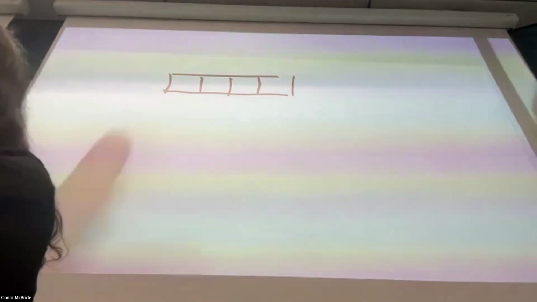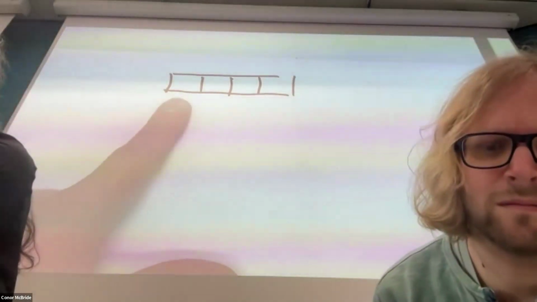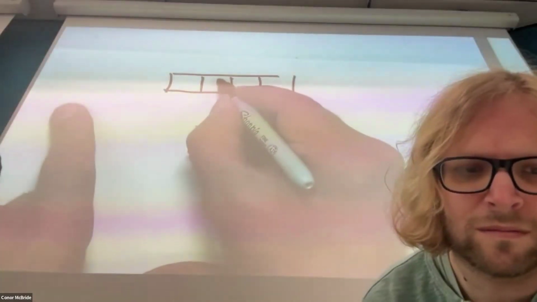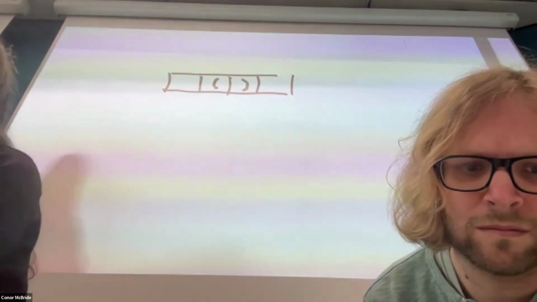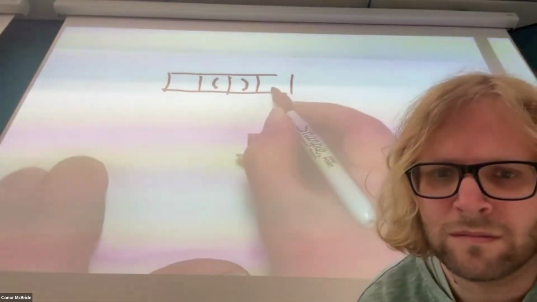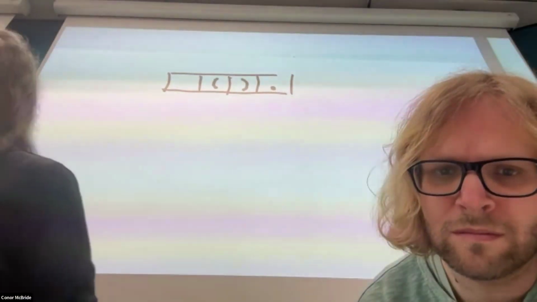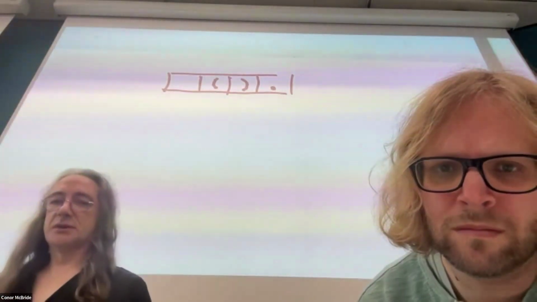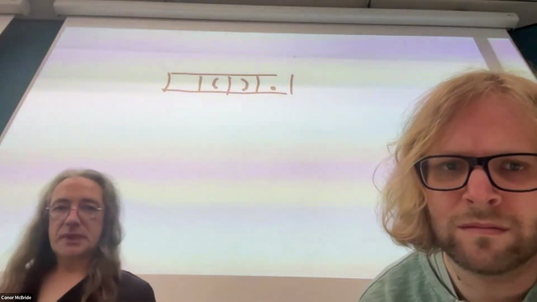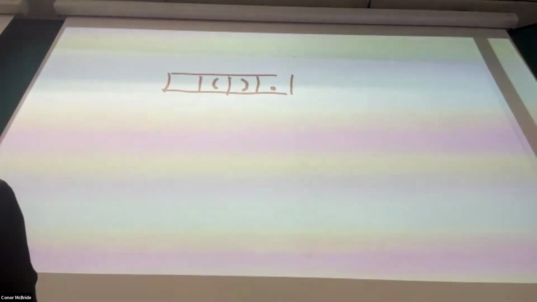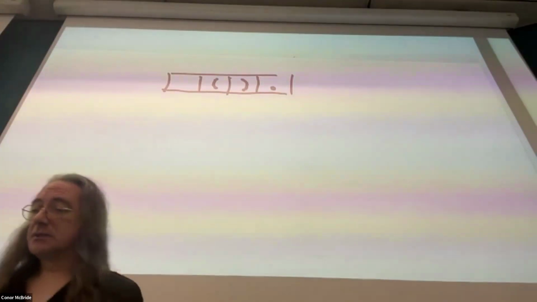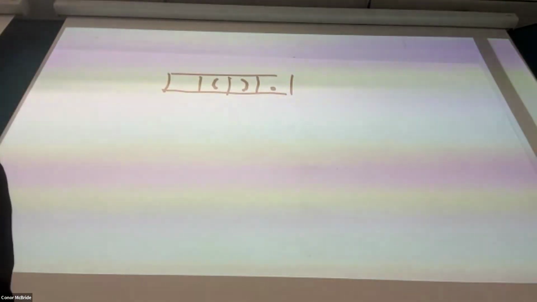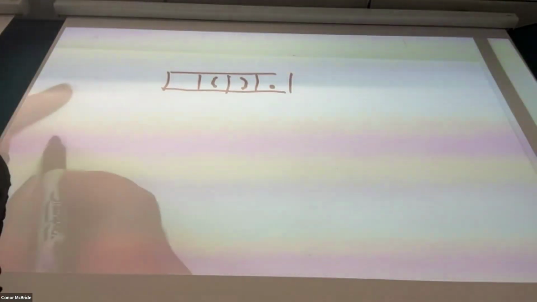I'm going to let the blank be a blank. There's always a blank symbol. And then we're going to have our open parenthesis, and a closing parenthesis. And I'm going to allow myself an extra symbol that I'm allowed to use to manage the process.